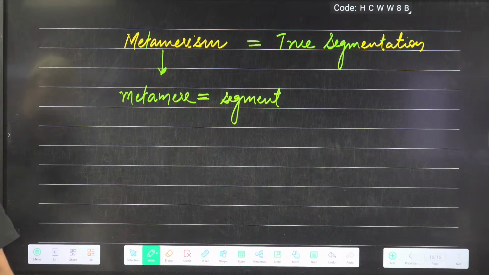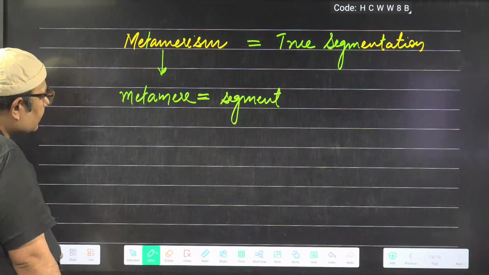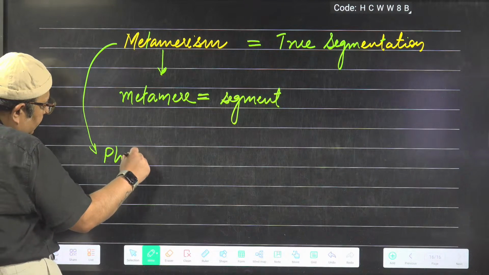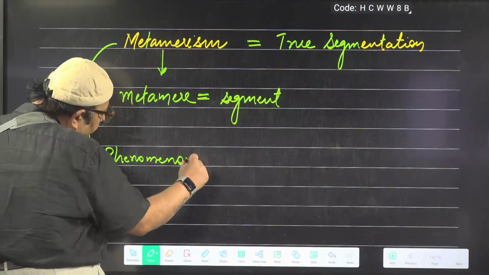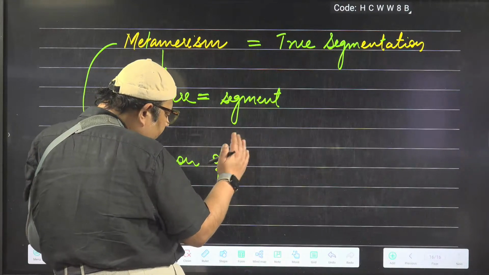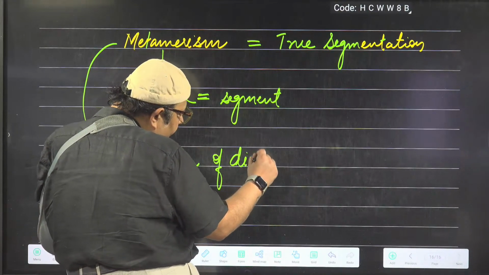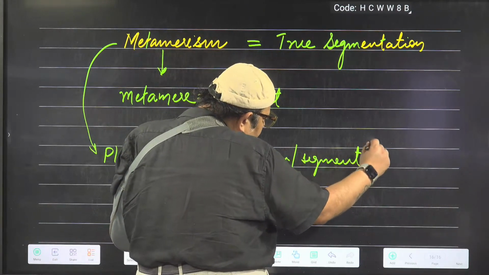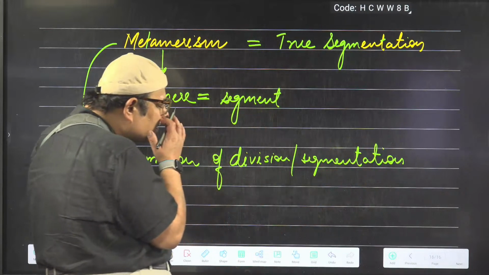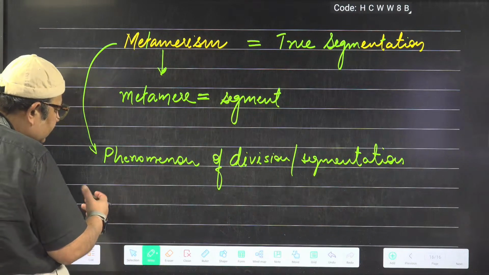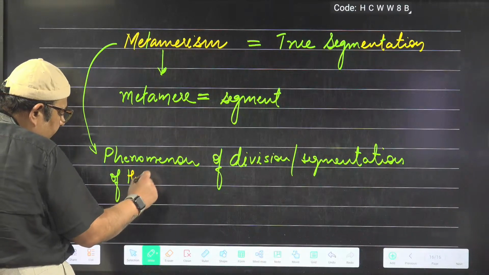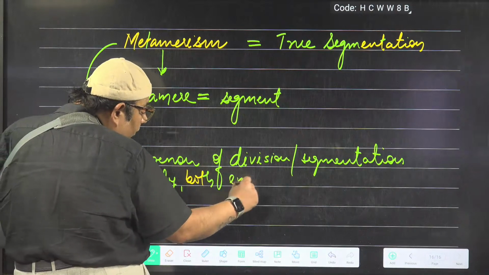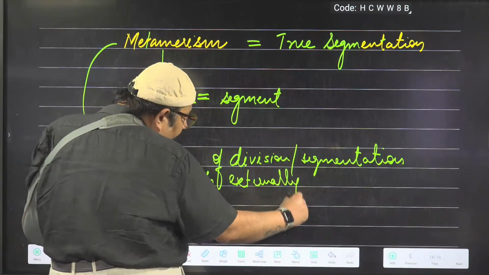Metamerism is true segmentation, for metamer means a segment. And what does that mean? This is a phenomenon of division or segmentation of the body, both externally and internally.